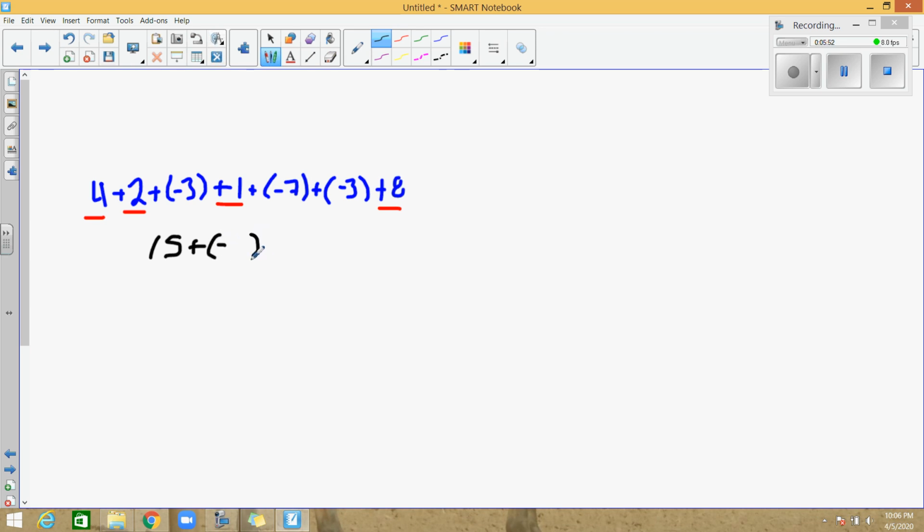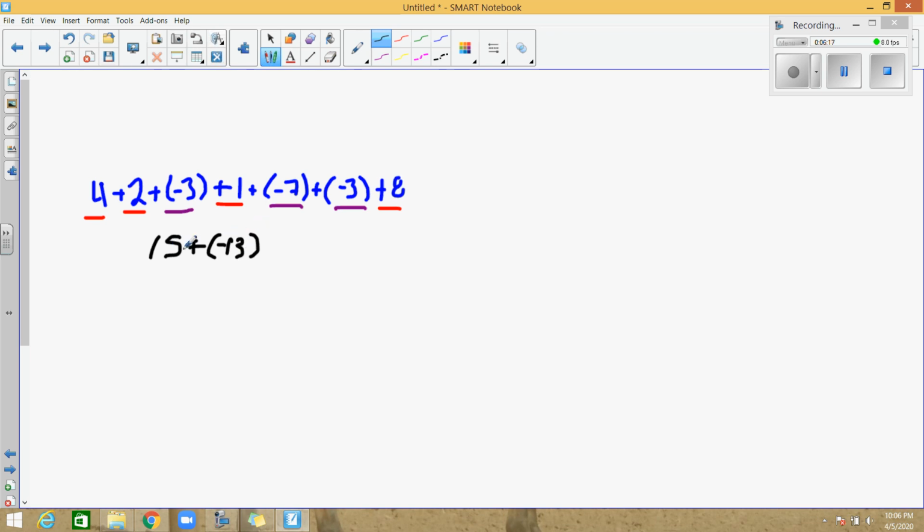Well, what are my negative guys? Let's do a different color here. Yeah, why not? Purple maybe? Sure. So I've got a -3, I've got a -7, and I got a -3. Well, if I add them without the signs, this is 3 and 7 is 10, and 3 is 13. Apply the common sign, and I get a -13.